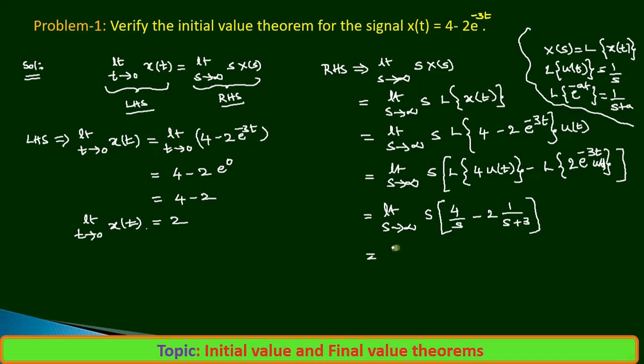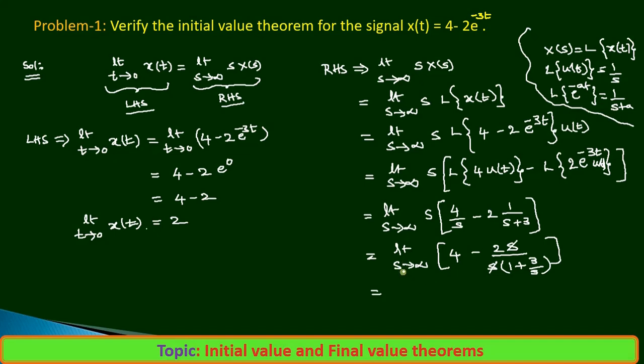Now multiply s inside the term, with limit s tends to infinity. We get 4 by s times s, so that becomes 4, the s cancelled, minus 2 times s by, in the denominator we take s as common, then we get 1 plus 3 by s. So here s becomes cancelled.